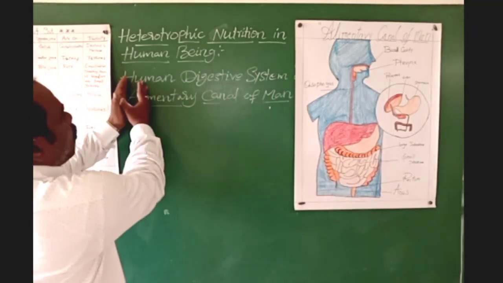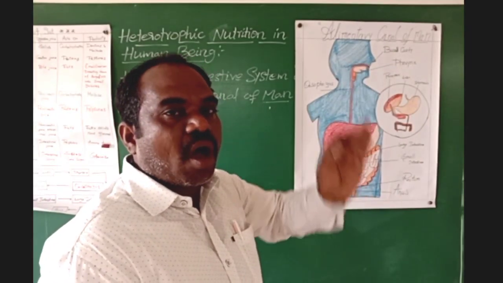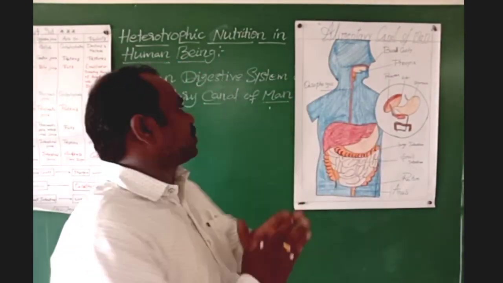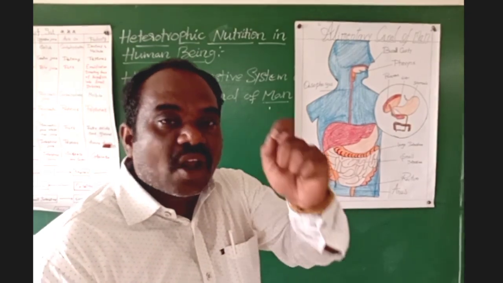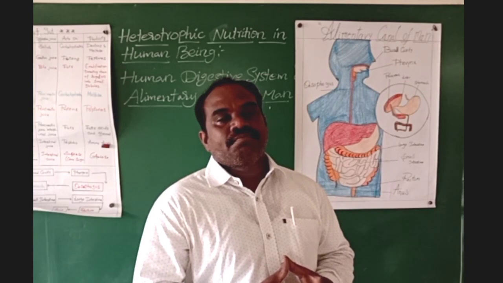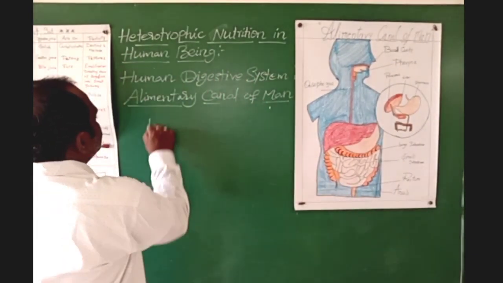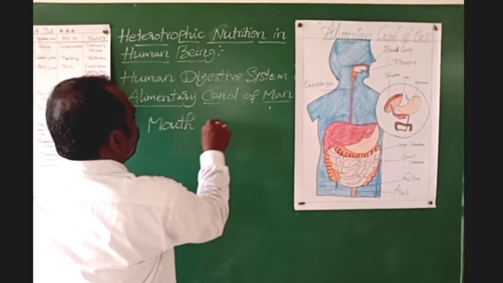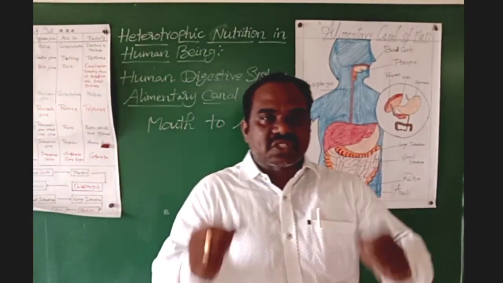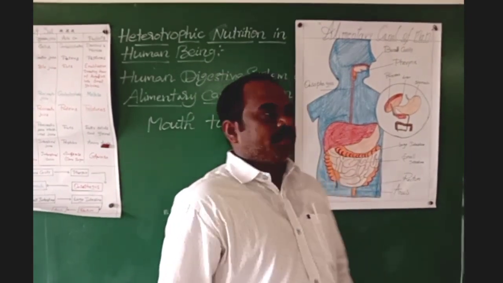So, the human digestive system, or alimentary canal of man. Write it down, all of you. The human digestive system, or alimentary canal of man, runs from mouth to anus.